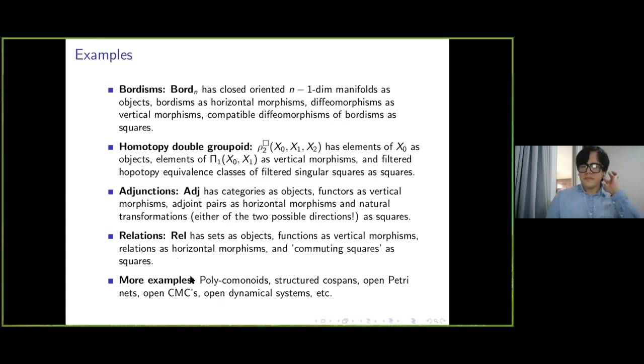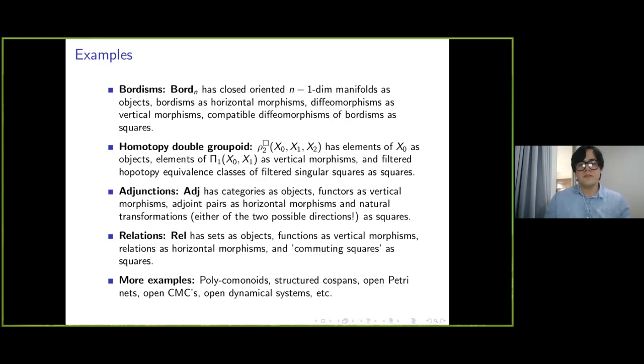I've seen, well, I wouldn't call it a rebirth because I was not around to see it being born the first time, but I guess there's a bit of a boom. I've seen double categories in a lot of places in the applied category theory community. They're everywhere.